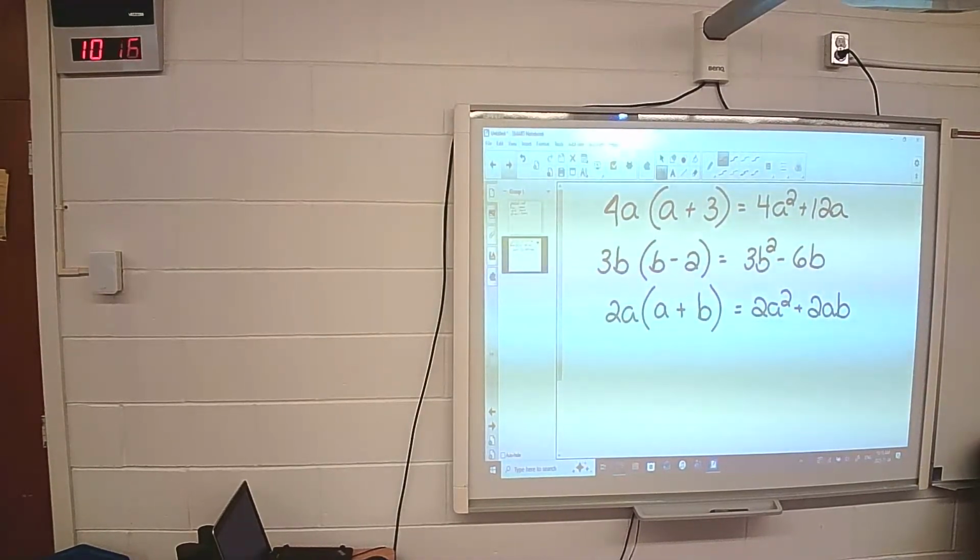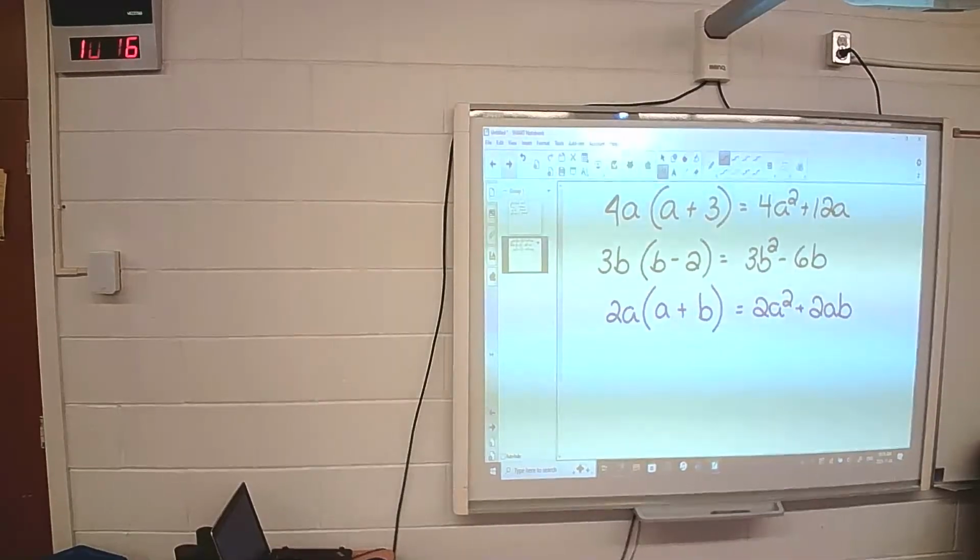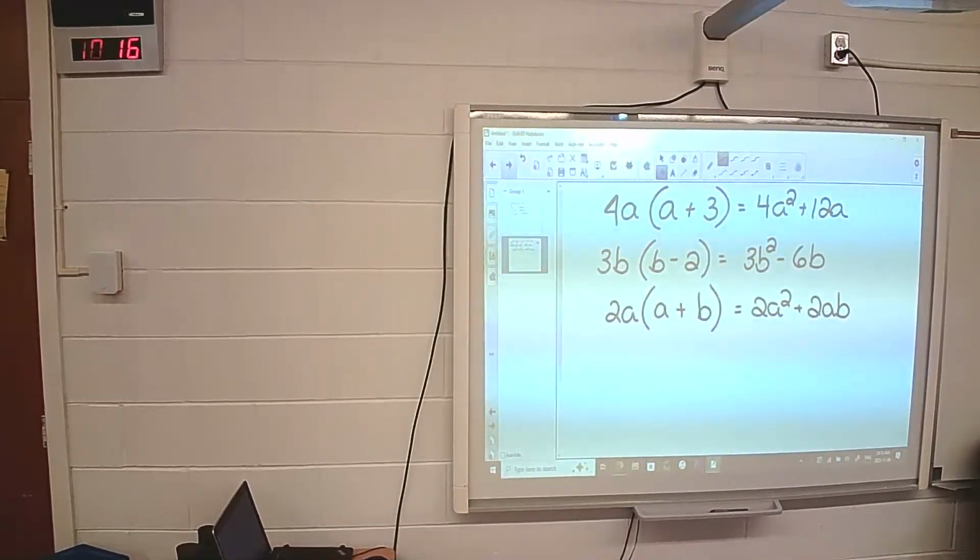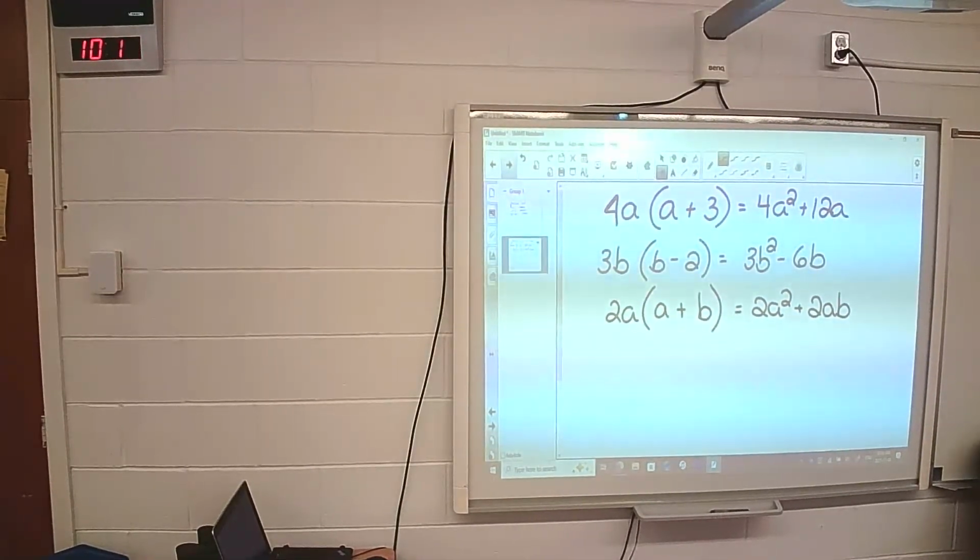If you do not understand, put your hand up, because I'm about to do a binomial by a binomial, then a binomial by a trinomial. So if you can't do a monomial by a binomial, it's going to get more difficult. So who does not follow this step here? Anybody else having issues?